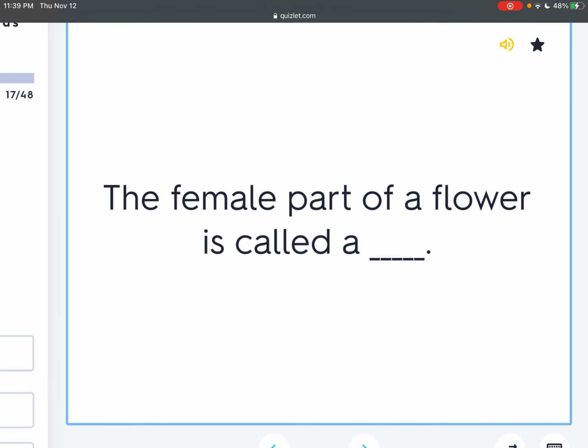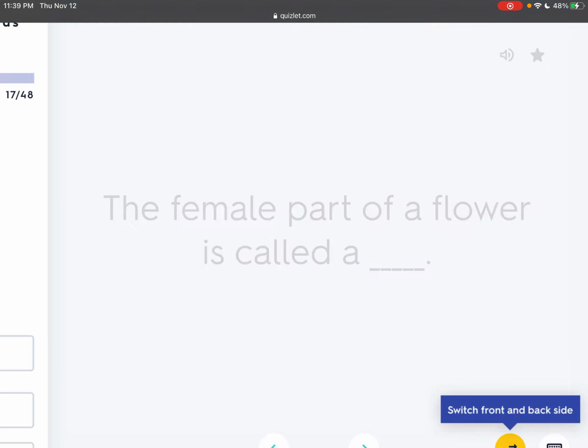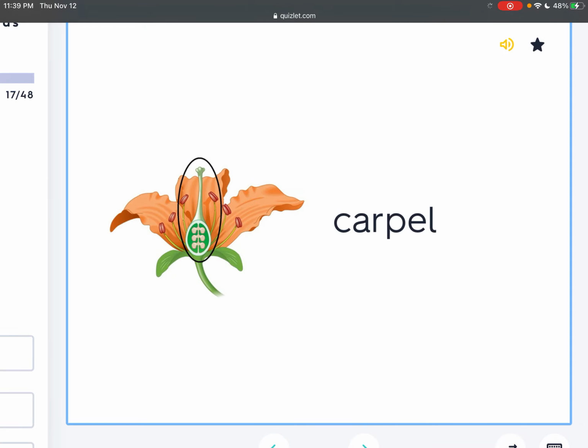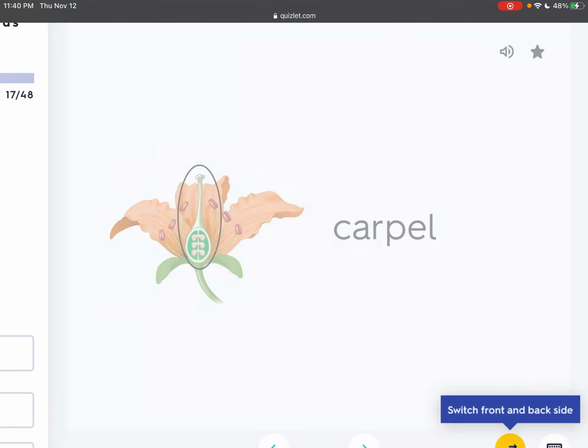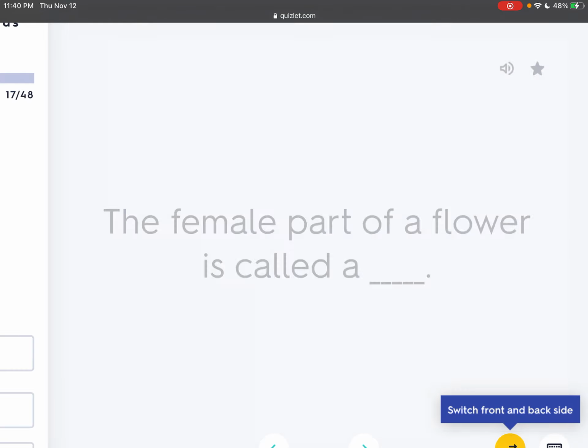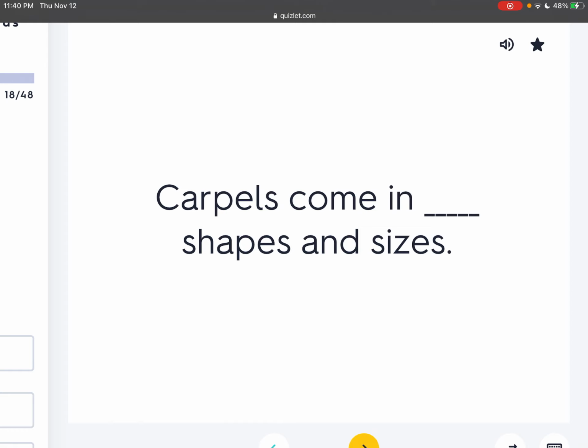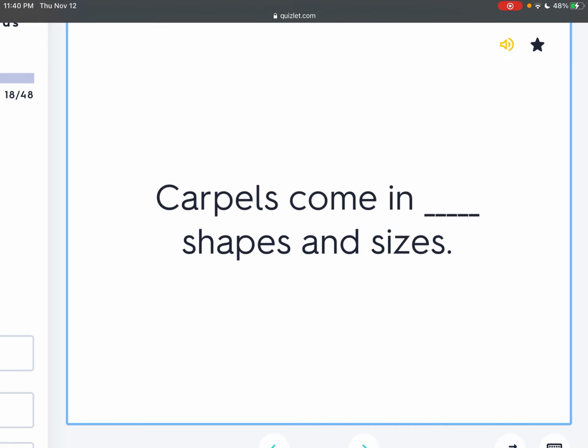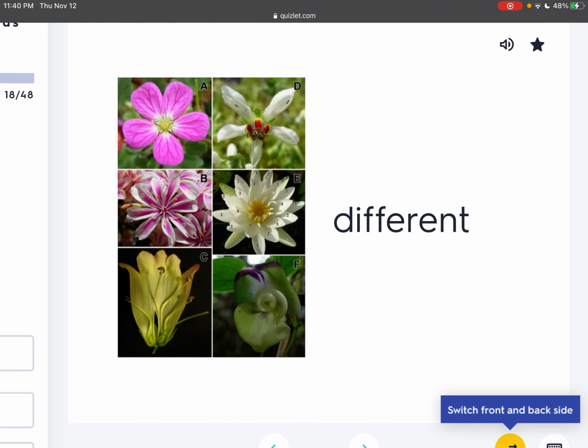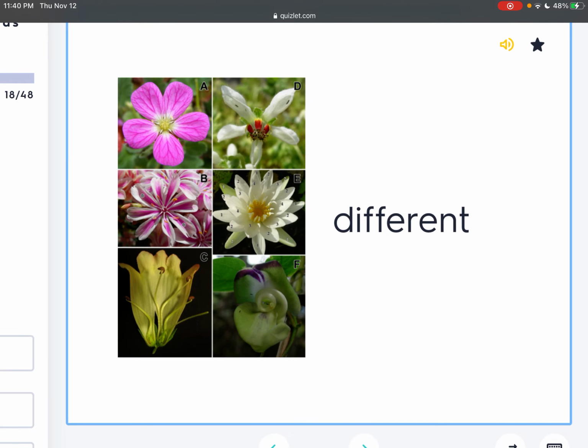The female part of a flower is called a blank. Carpel. Carpels come in blank shapes and sizes. Different.